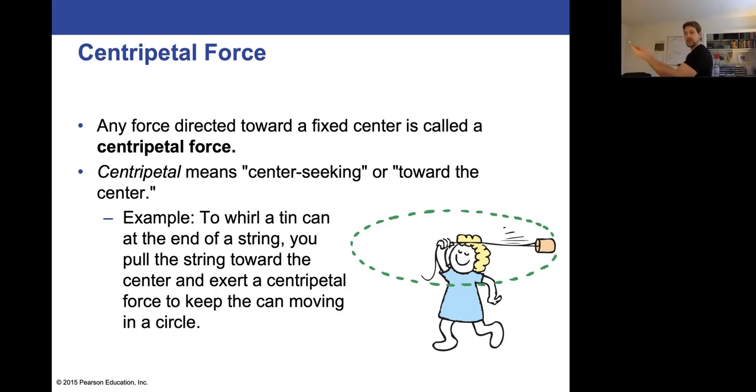Motion in a curved path is motion in a direction that is changing all the time. In this instant, as it rotates up, the clip is moving up. At a later instant, it's moving this way. When it is above my hand, it's moving that way, and so on.